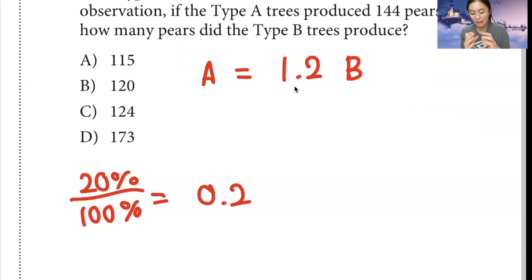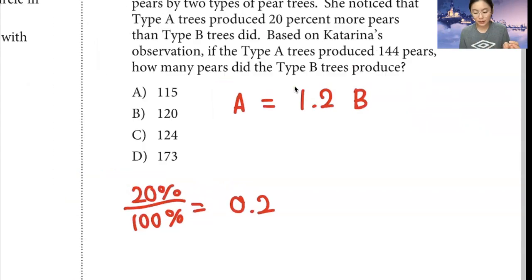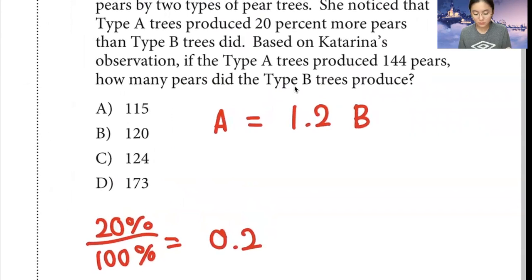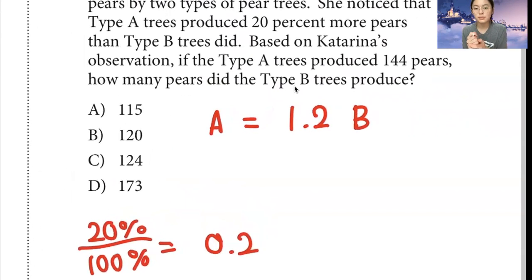It's just we're adding 20% trees to the type B trees. So that's why we need to take into consideration 1, because we're going to multiply the type B trees by 1, so the number of type B trees by 1, and add that 20% on top.